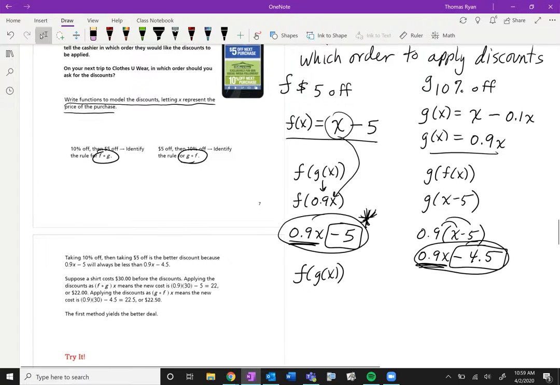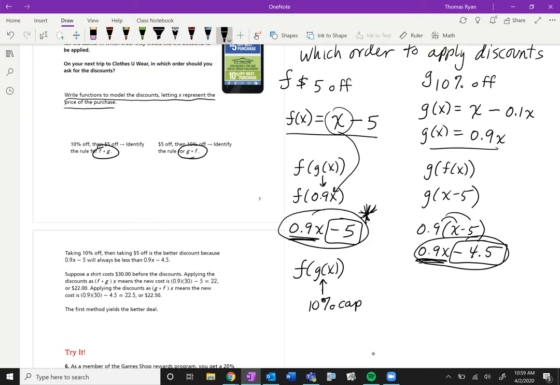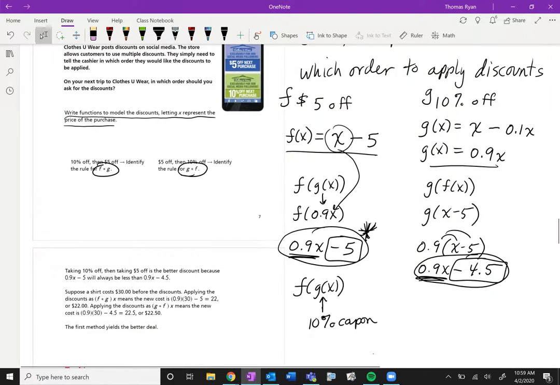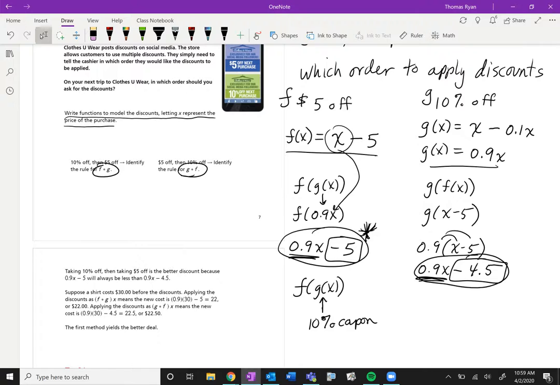Looking at the top, the g function was our 10% coupon. So to get the lowest price, you're going to want to apply the 10% coupon first.